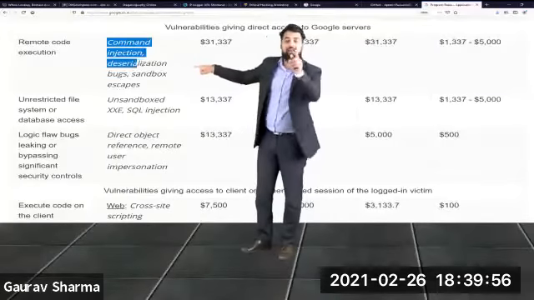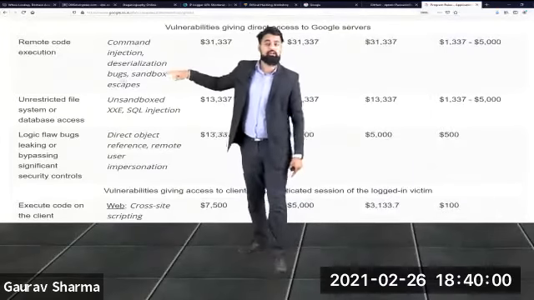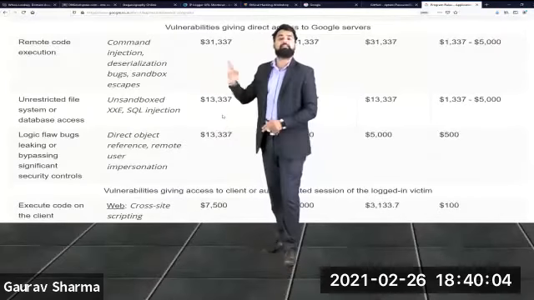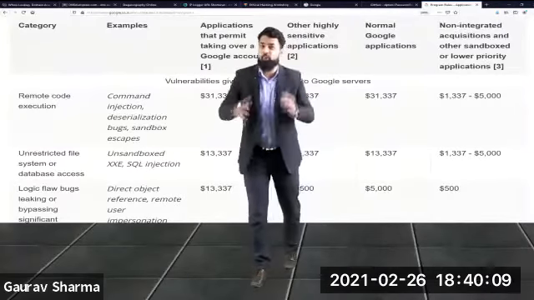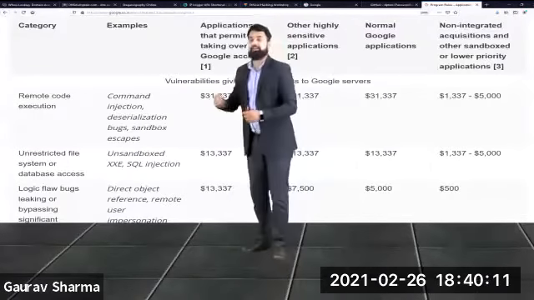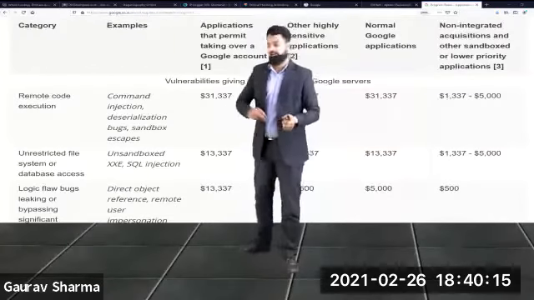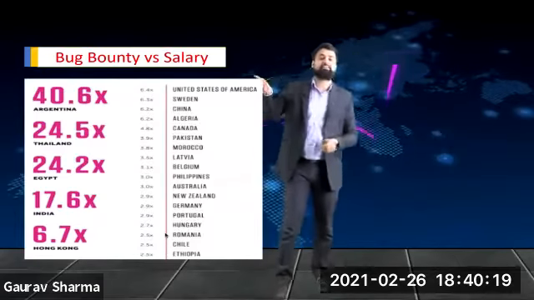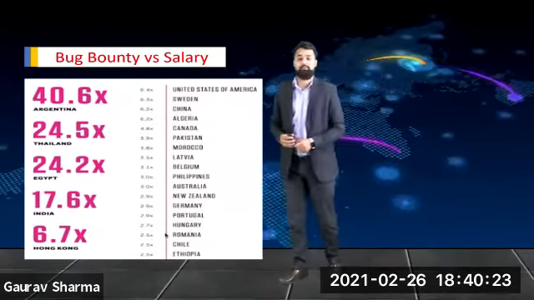If you hack into Google with, say, remote code execution, and find a number of bugs, then you will directly get this much amount. So if you are learning ethical hacking skills, you can get a very good amount of money. Getting back to the session, this is the big difference in the market between bug bounty and salary.